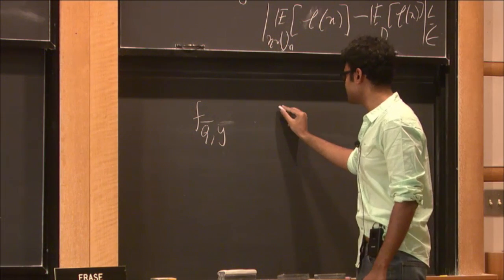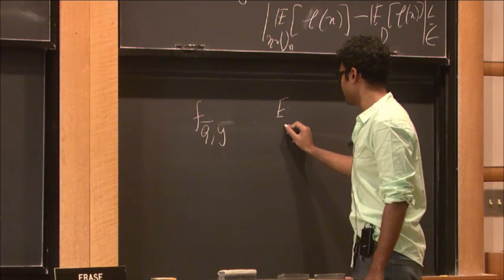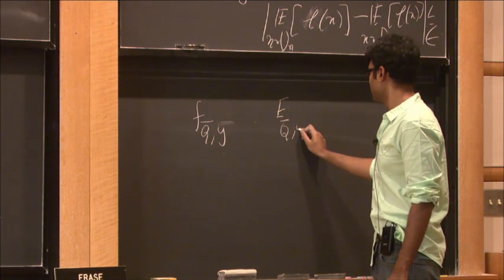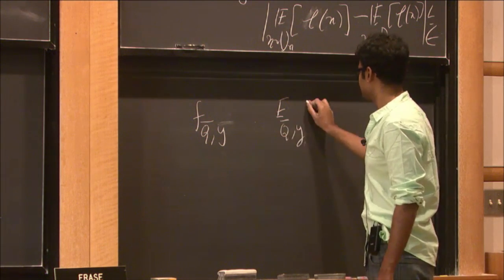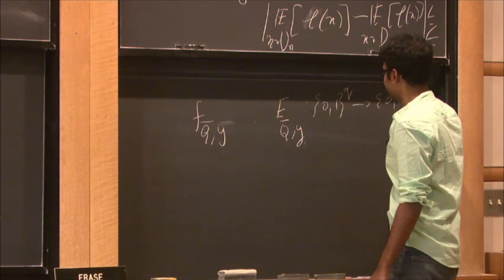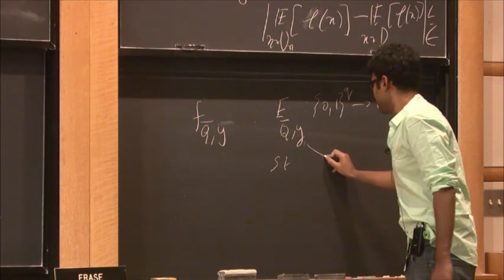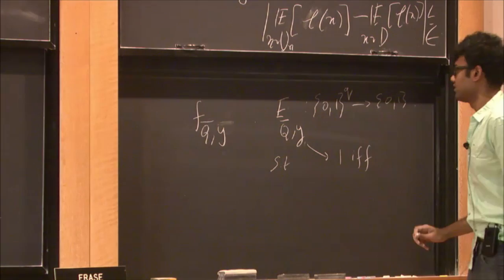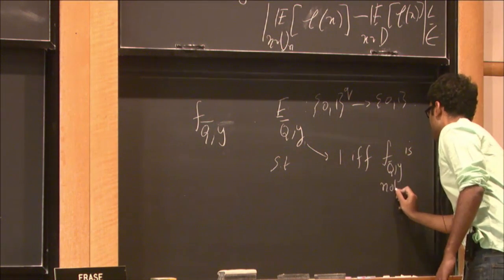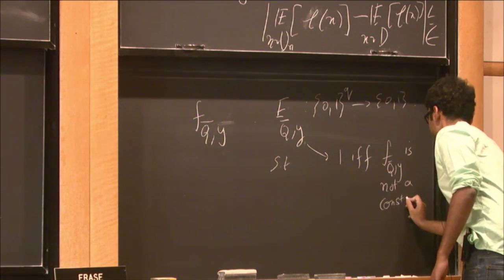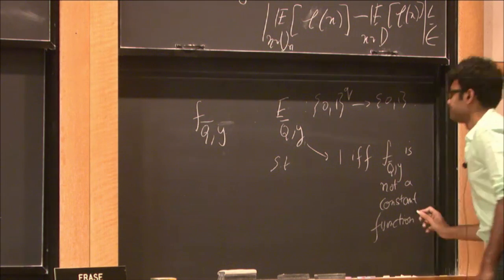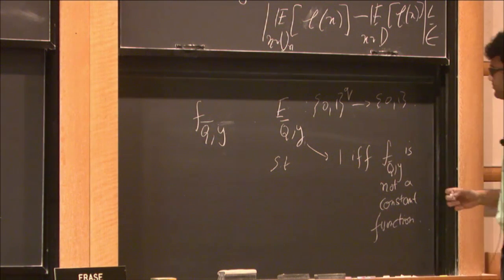And suppose we have this indicator function, again say E, which is from {0,1}^q to {0,1}, which is a Boolean function, such that this evaluates to 1 if and only if f_{q̄,y} is not a constant function. Right?